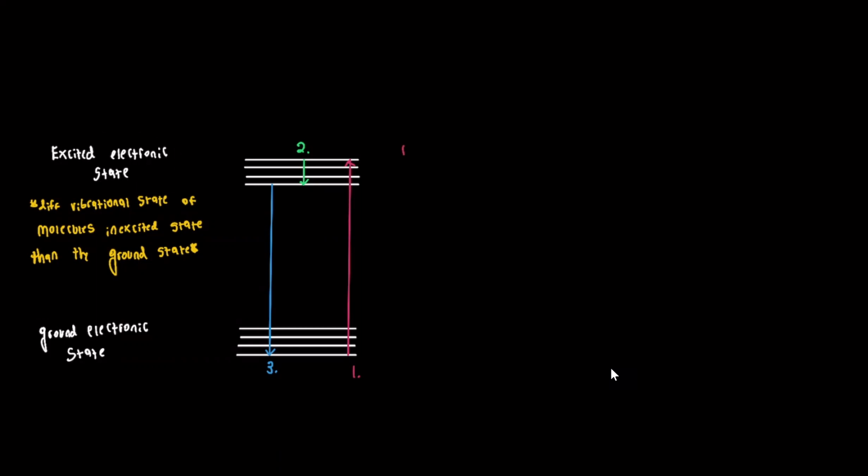First, we start in the ground state, and then we are excited. In this period, we are absorbing a photon, and then we're going up to the excited electronic state. And this excited electronic state has a different vibrational state of molecules as opposed to the ground state. So the vibration is going to be a little bit different.